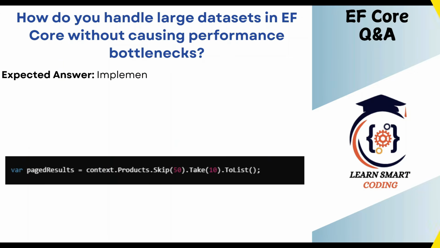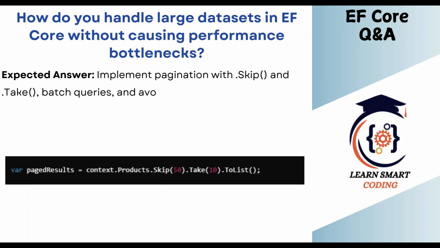How do you handle a large data set in EF Core without causing a performance bottleneck? What they're saying is, let's say you're an Amazon user. If you go to your order history, you will be able to see 3 months, 6 months, 1 year, or maybe 2 years, or a particular portion of a year, but you cannot see all of your 10 or 15 years of your Amazon account, because there is a possibility that a huge amount of data can come.